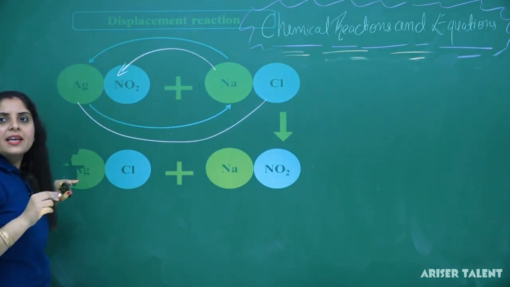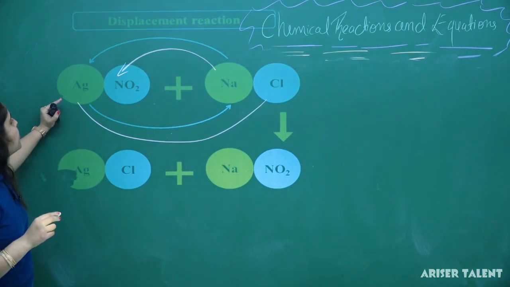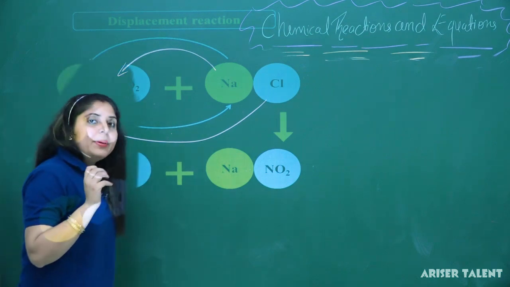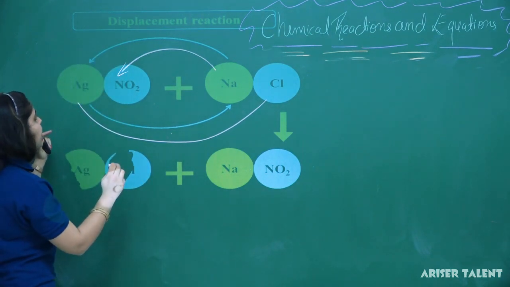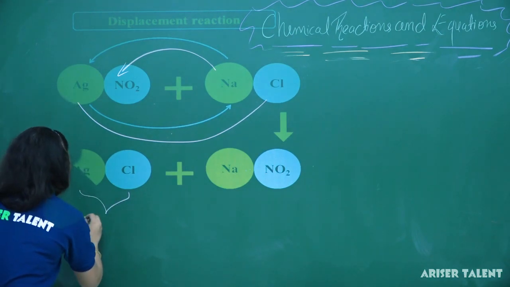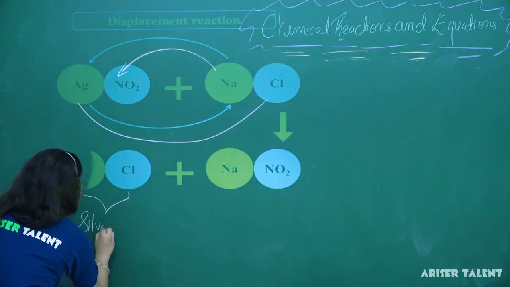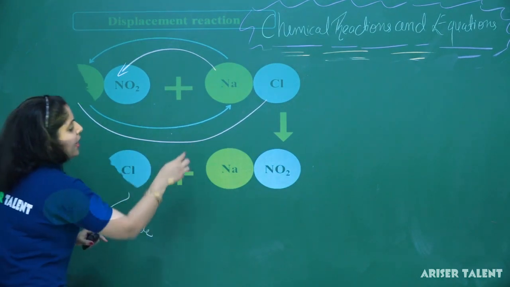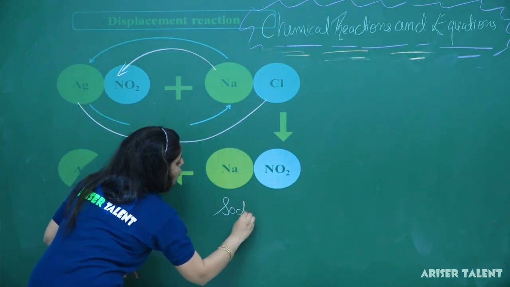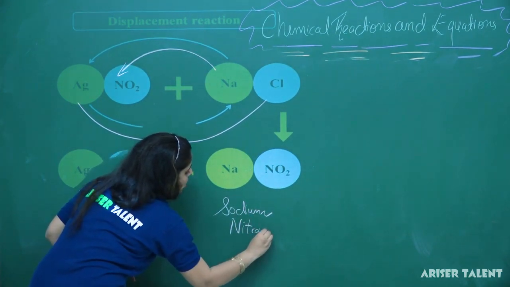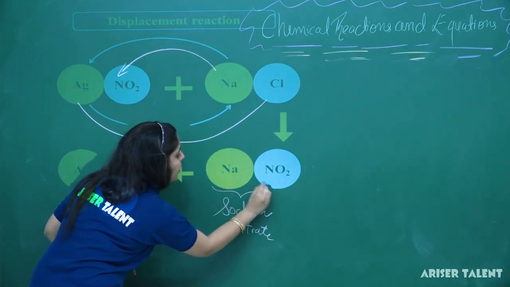What happens in this reaction? There will be a displacement of the ions, and the displacement of ions will be done on the basis of their reactivity. Ag will react with chlorine to form silver chloride, and NaNO2 will be formed as sodium nitrate. So these are the two products we have obtained.